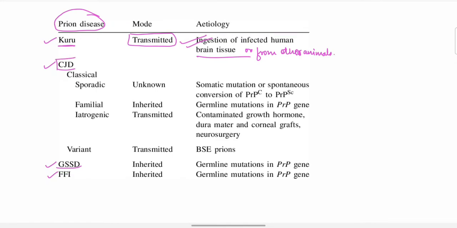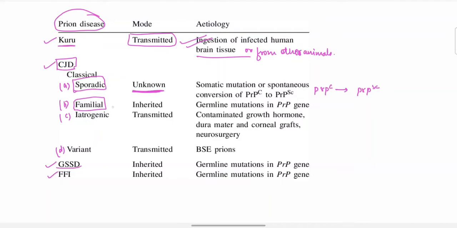Next is Creutzfeldt-Jakob disease. Creutzfeldt-Jakob disease has four types: sporadic, familial, iatrogenic, and variant. Most common is sporadic. Mode of transmission is unknown. Actually, there is a somatic mutation that converts PrPC to PrPSc.